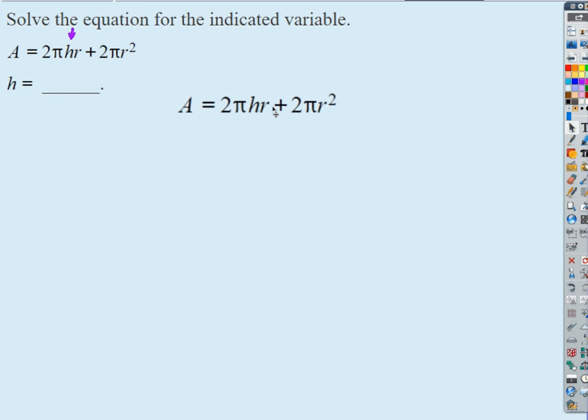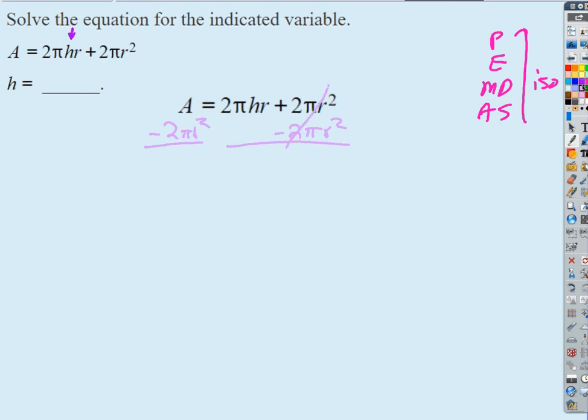What are my steps? If I'm ever unsure, remember I use inverse operations if I'm isolating. So first I've got to undo any addition or subtraction. What's that mean? Good. Subtract my 2 pi r squared.